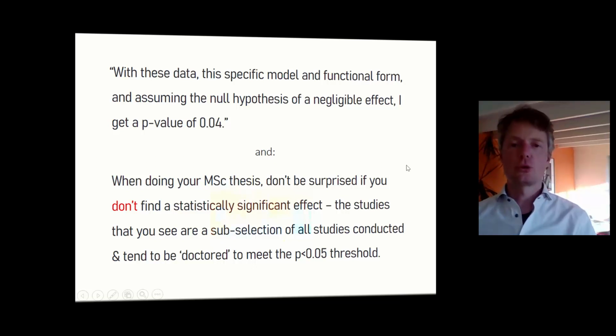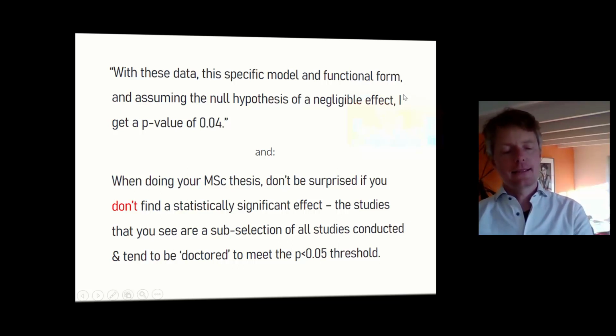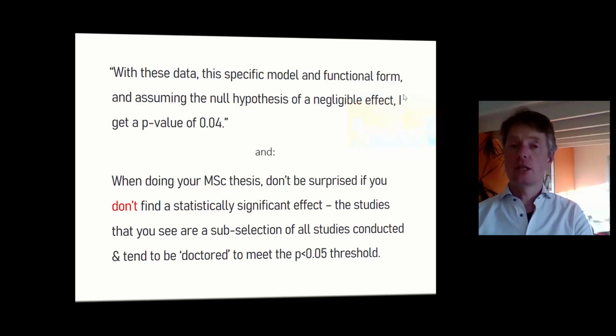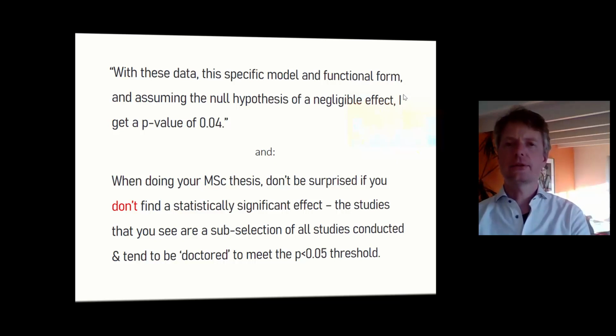And that's also the way that your supervisor and your second reader should look at your results. And so that means that it's totally fine to report a statistically insignificant finding, and I should warn you that there is a good chance that you do find a statistically insignificant finding, because the studies that you read are not representative of the empirical work that is being conducted because of this publication bias.